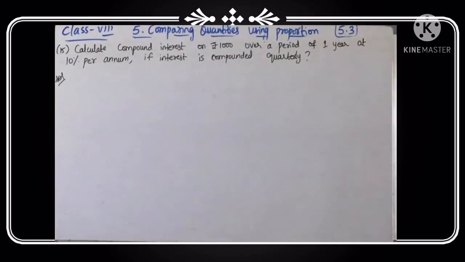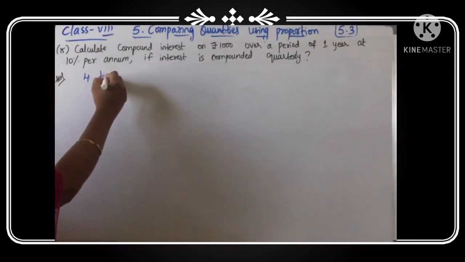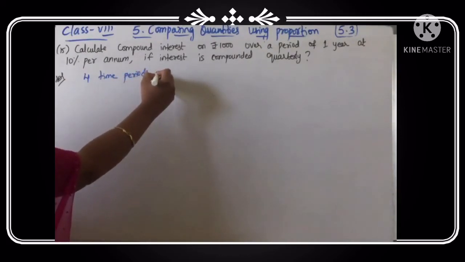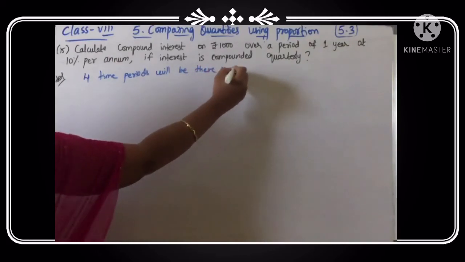15th question, children. Calculate compound interest on rupees 1000 over a period of 1 year at 10% per annum if interest is compounded quarterly. Here quarterly means 1/4, right? If the interest is compounded quarterly, then 4 time periods will be there in 1 year.